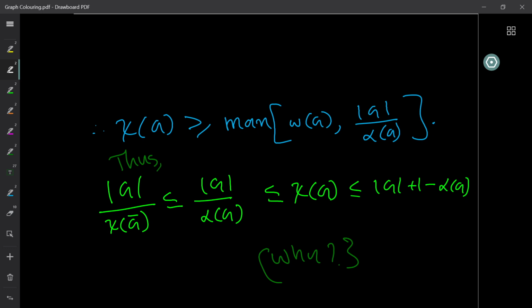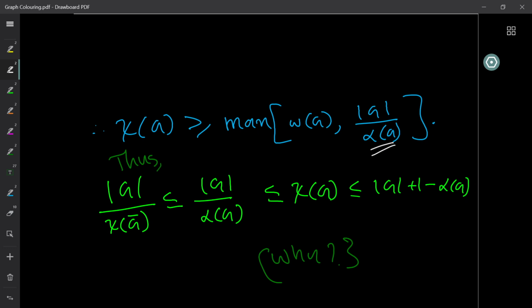It cannot be smaller than this, because no color can be used on more than alpha vertices, and therefore this minimum number of colors should be there. So now we have this inequality: the chromatic number is greater than or equal to the max of the clique number and n by alpha, where alpha is the independence number. So n by alpha and omega are two parameters, and the maximum of these two will be a lower bound for the chromatic number.